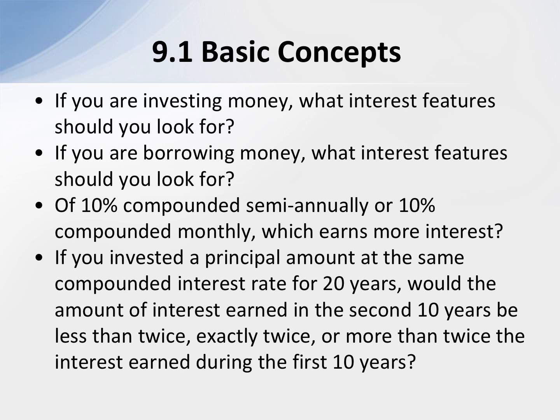If you invested a principal amount at the same compounded interest rate for 20 years, would the amount of interest earned in the second 10 years be less than twice, exactly twice, or more than twice the interest earned during the first 10 years? If you're having difficulty answering these questions, check the previous slides.